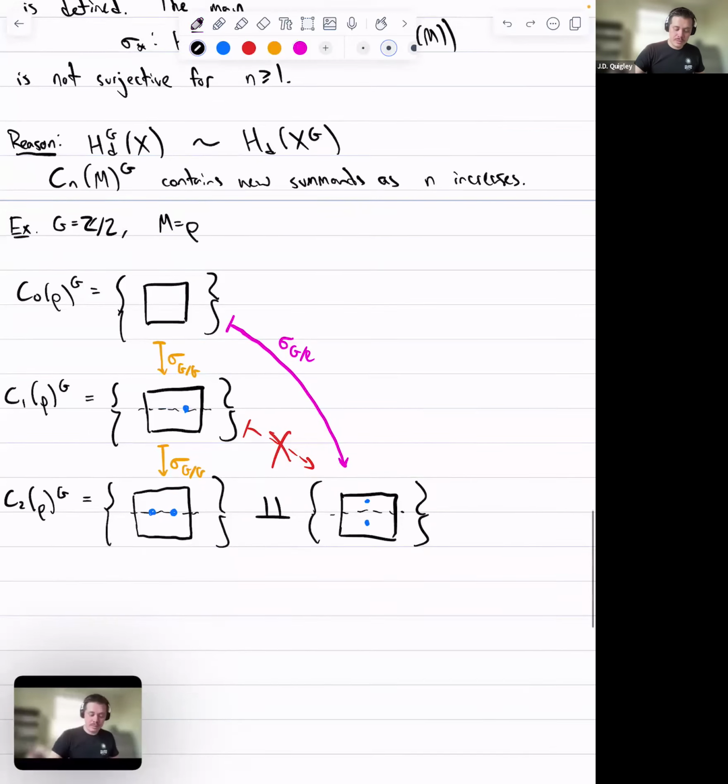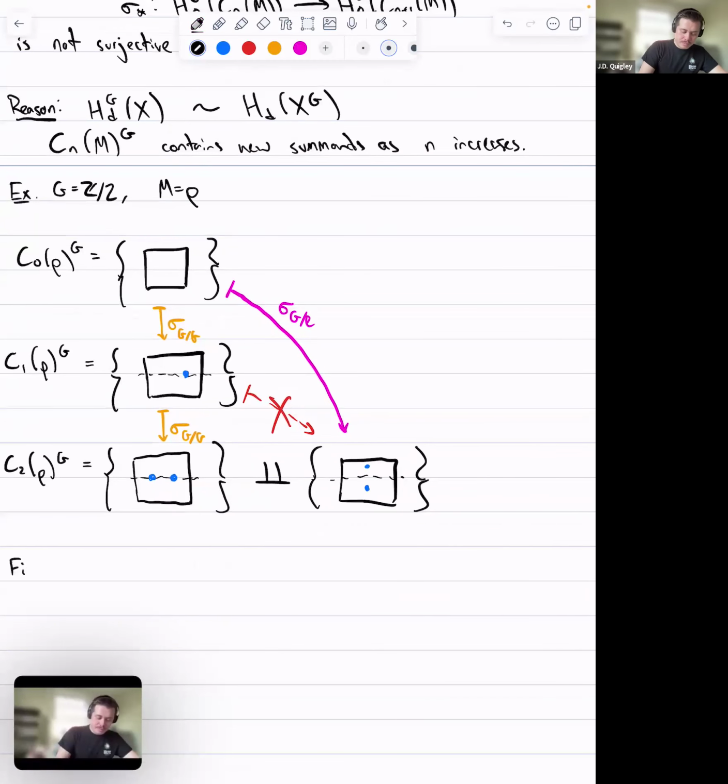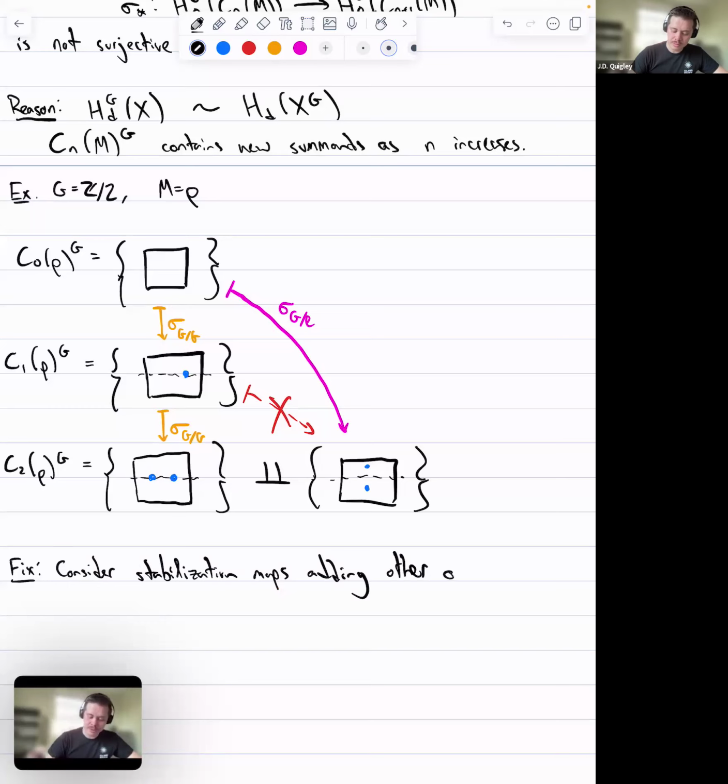Okay, so consider stabilization maps adding other orbit types.